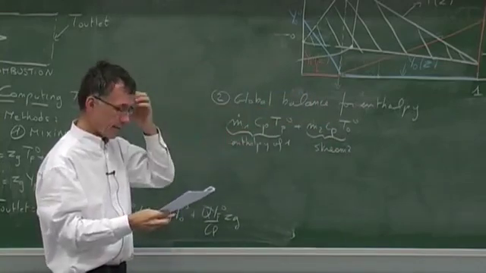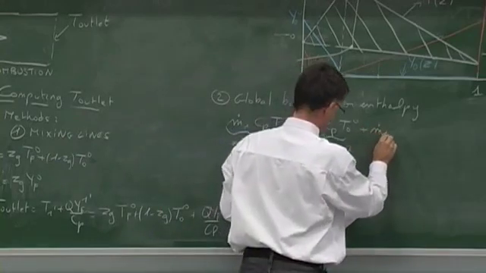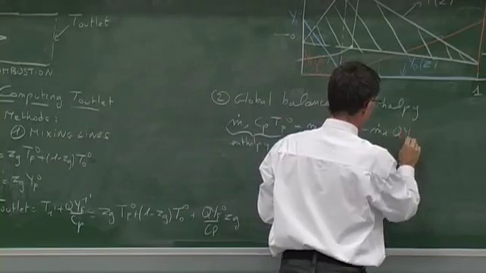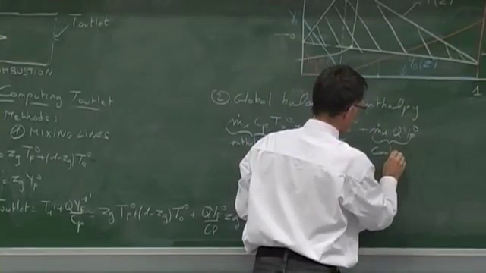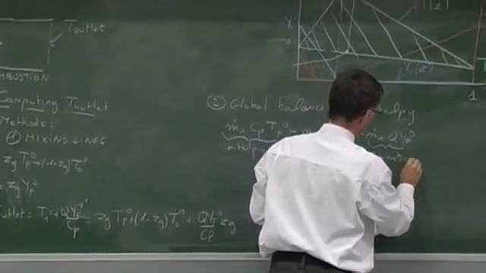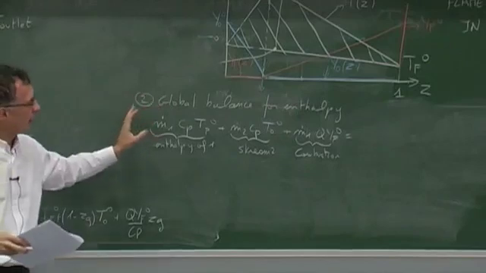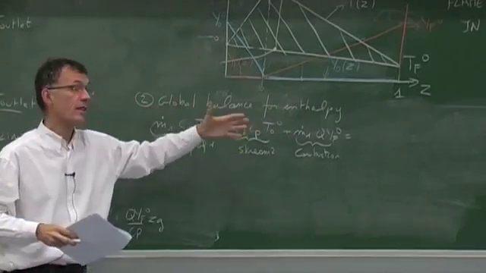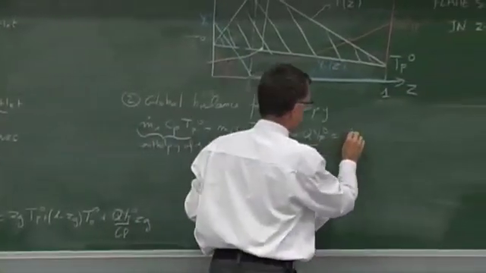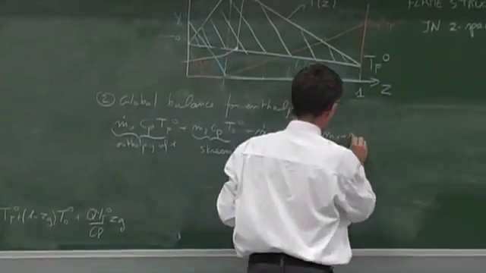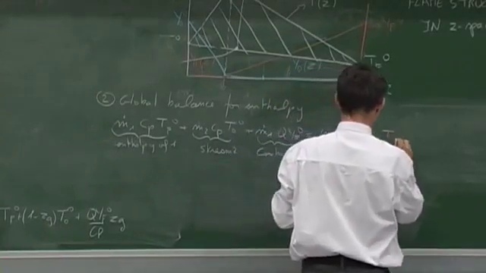You need to add to that what's burning, and in a lean case you burn all the fuel, so you have m.1 Q Y_F0. So this is the heat due to combustion. This is the enthalpy now entering the system. It must leave at the outlet, so it has to be equal to (m.1 plus m.2) Cp T outlet.